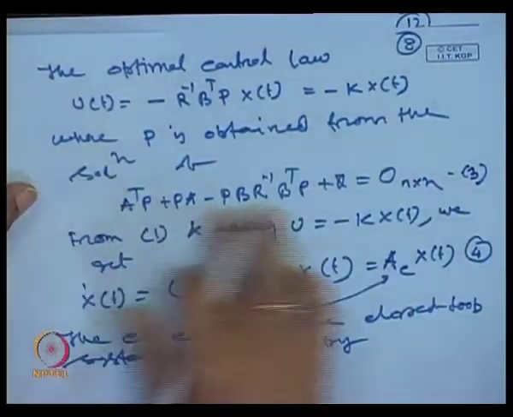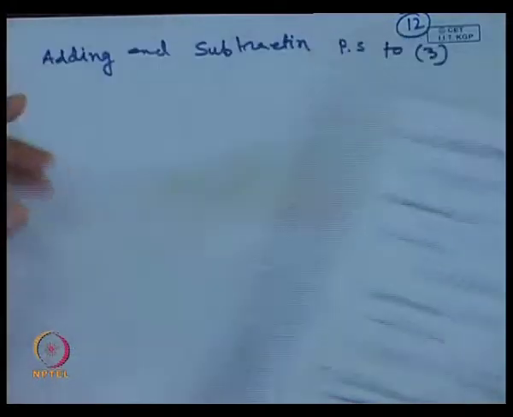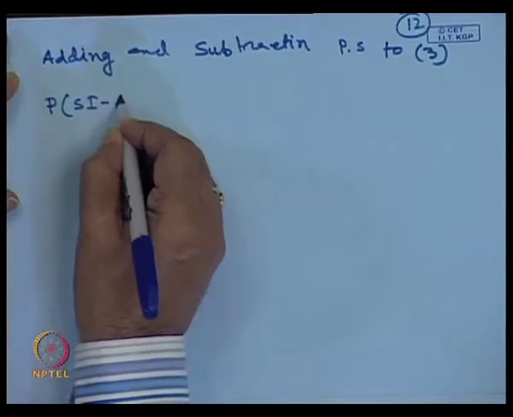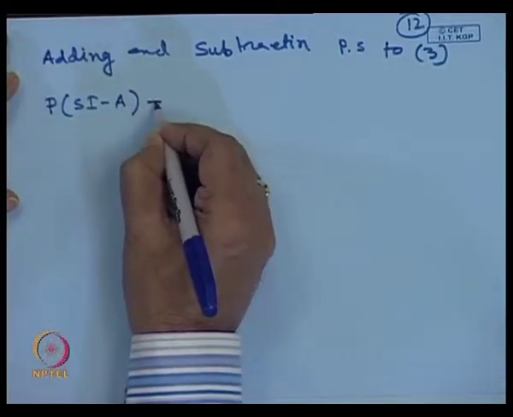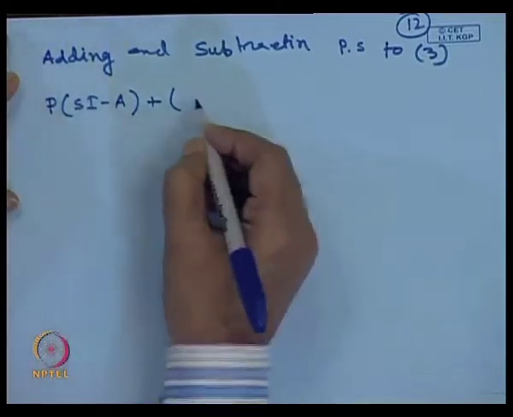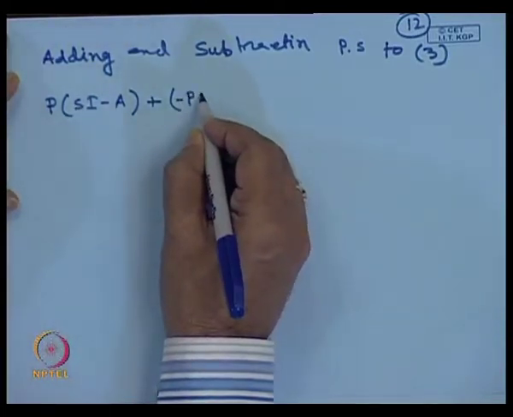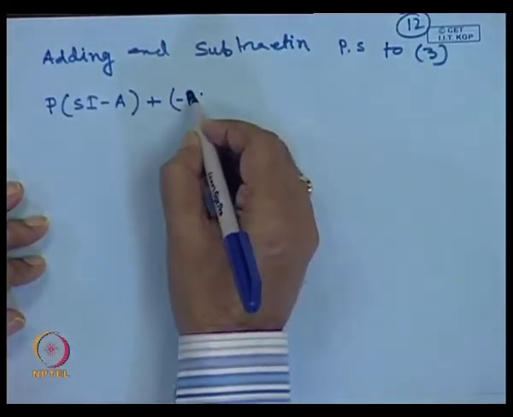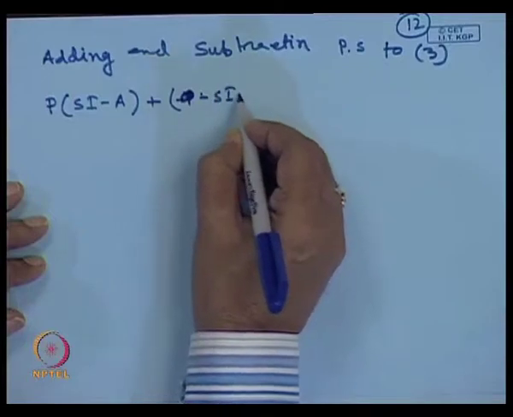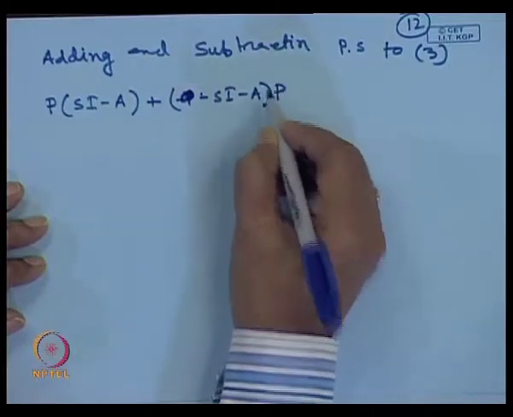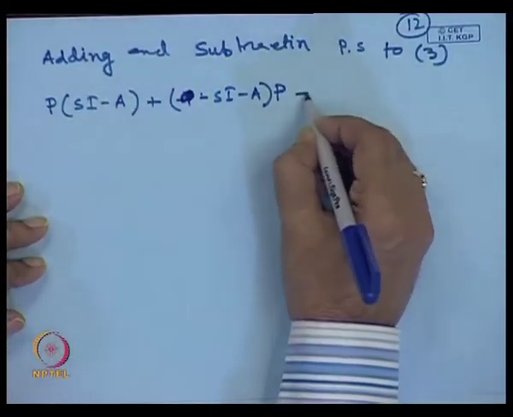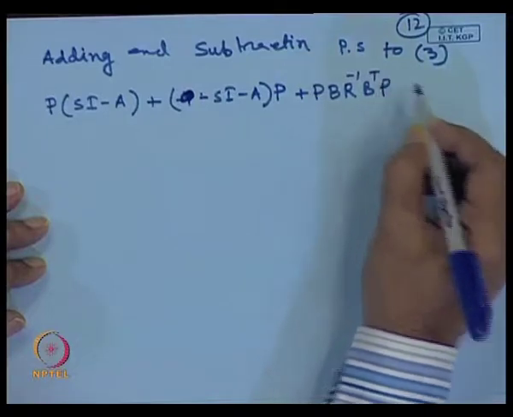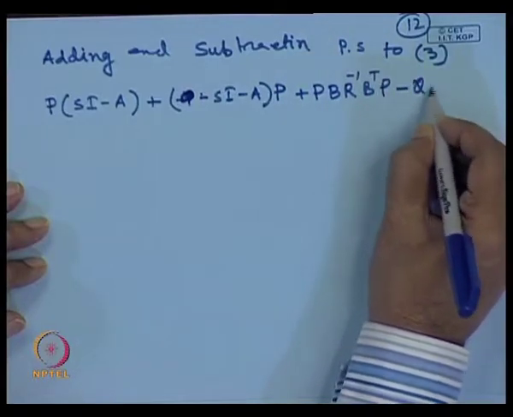So the resultant expression will remain unchanged. If you do this, P (S I minus A) plus P s, I am adding, minus P s, so minus (S I minus A) transpose P, plus P B R inverse B transpose P minus Q is equal to 0.